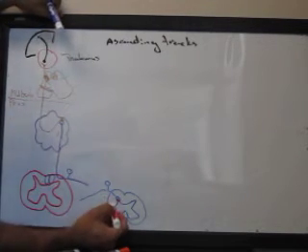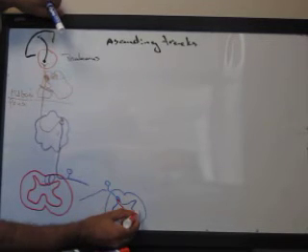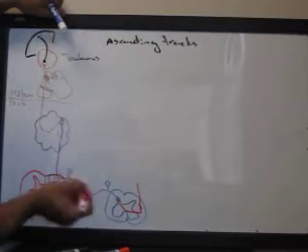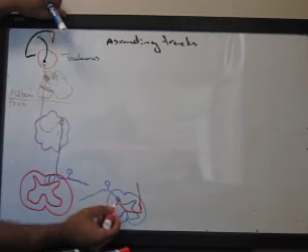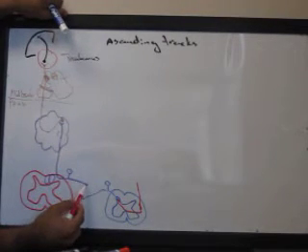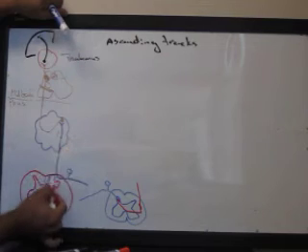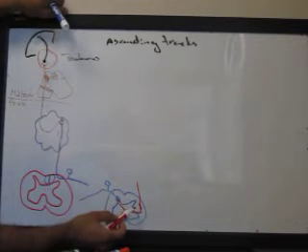And now since this is pain and temperature, it's going to cross to the other side, and it's going to climb on the lateral side, or the lateral funiculus here, and it's going to climb up the spinal cord. Sounds good? So the difference between this guy and this guy, as you can see, over here, I did not cross and I did not relay. Over here, I relayed and I crossed to the other side.